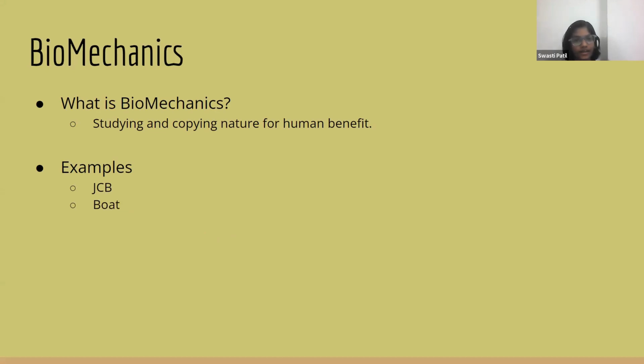And a boat and a fish are also similar. An airplane and, as you might have guessed, a bird are similar. And so robotics and AI. A robot is basically a copy of humans, and AI is basically a copy of the human brain.